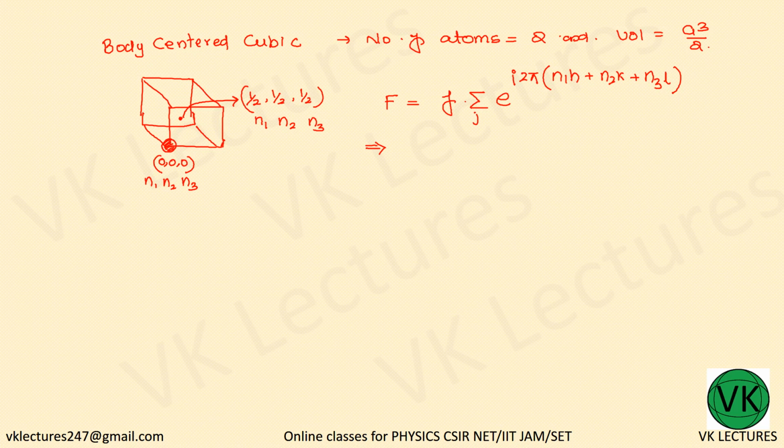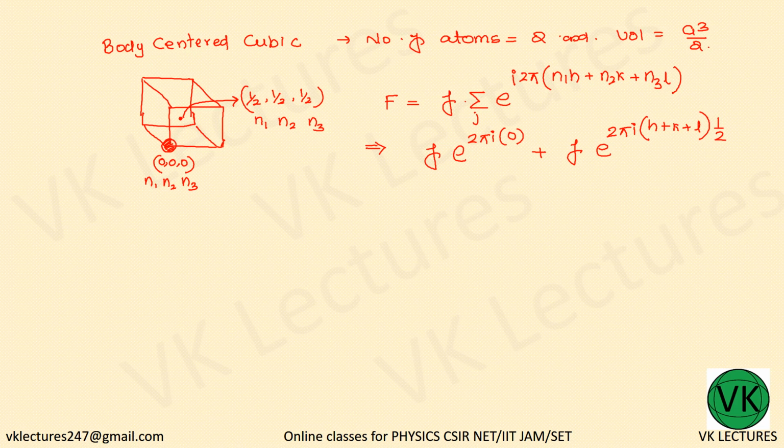For the first point, which is n1, n2, n3 all 0, you will get f times e to the power 2 pi i into 0, plus f times, for the second atom, e to the power 2 pi i into h, k, l with n1, n2 and n3 all half, so you can write h plus k plus l times half.